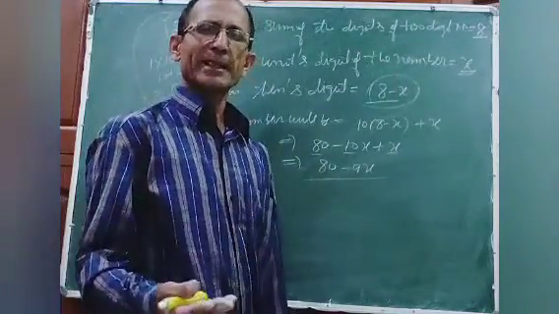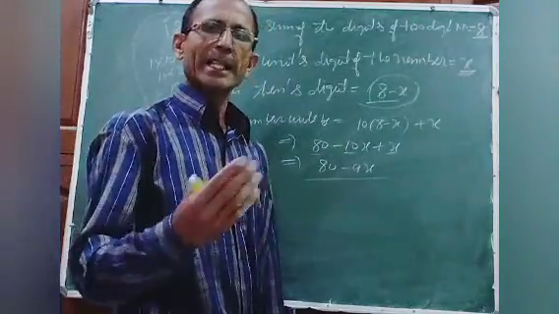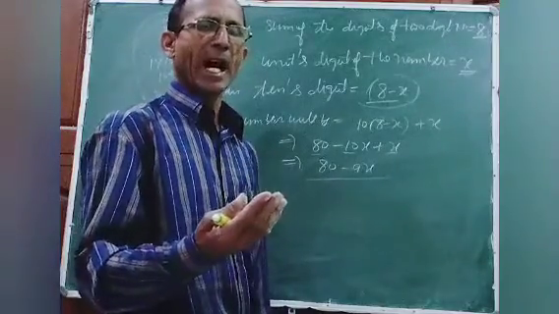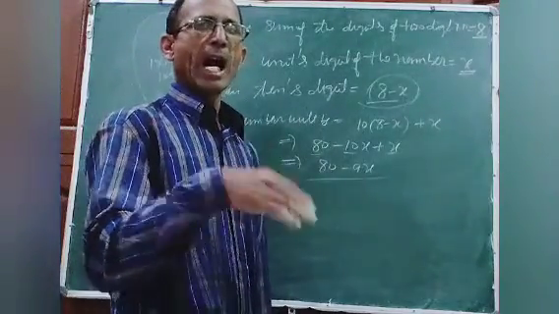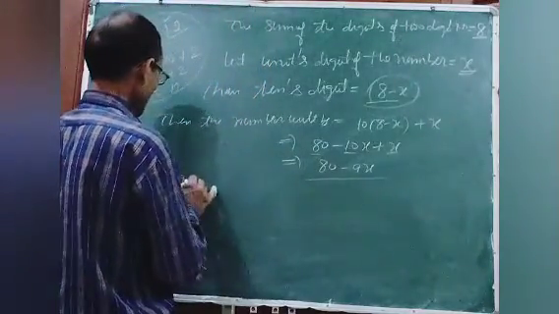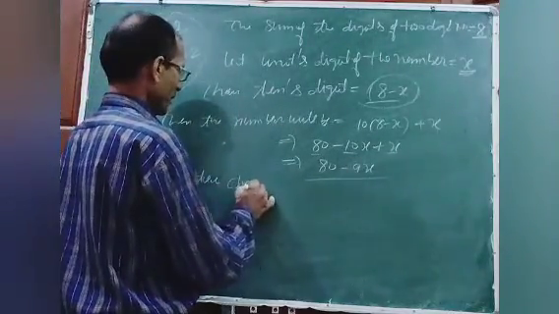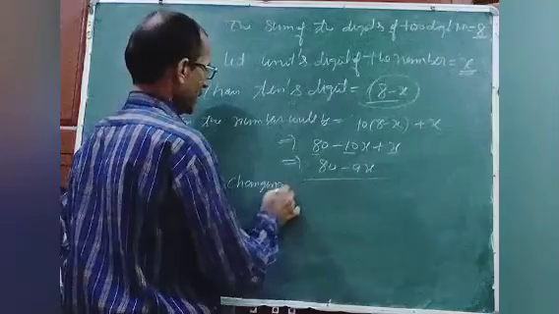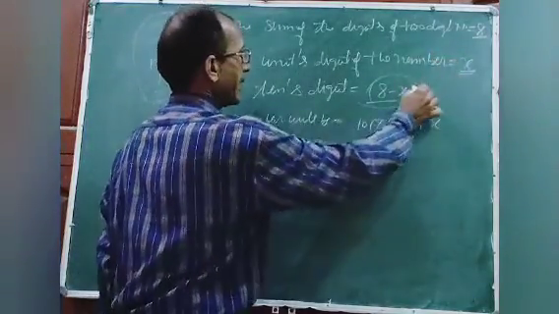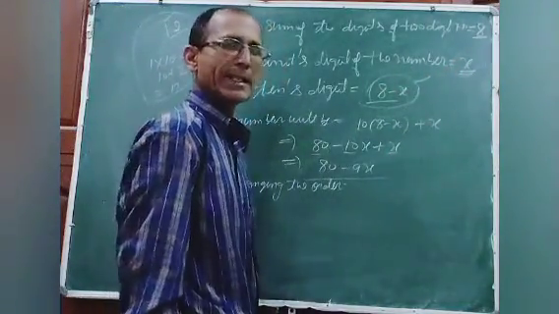Now what is the condition? If the order of the digits is changed, it means after reversing the order, the obtained number. After changing the order, it means tens digit becomes units digit and units digit becomes tens digit.